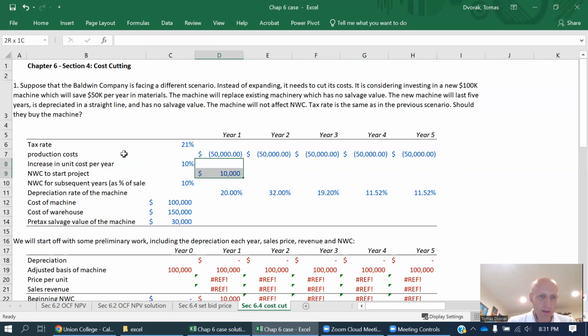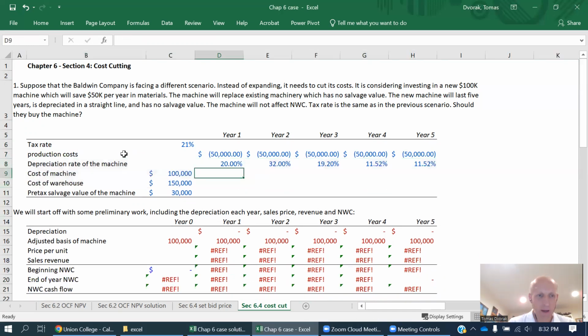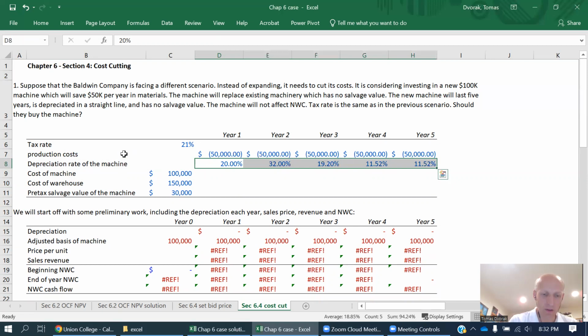We have nothing about increases in those savings over the course of the years, nothing with the net working capital. Depreciation of the machine we're going to need, so we're going to just delete these rows, Control minus. Depreciation of the machine is in a straight line, so it's going to be 20% across all 5 years.